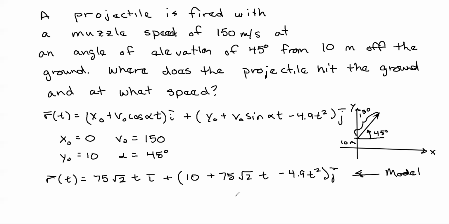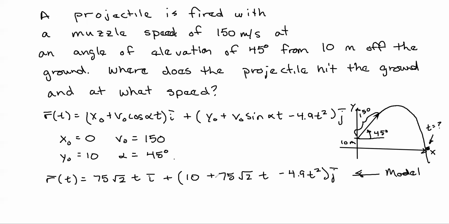So you really want to start over here with the height. You can think about it this way: the object is fired and then it comes crashing down, and this is where it hits the ground. What we want to know is what the time is there, and then once we have that time, we can plug it into this and find that. So we want to start off with the y position.